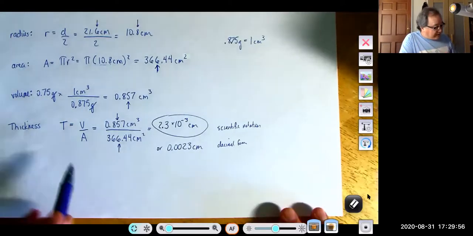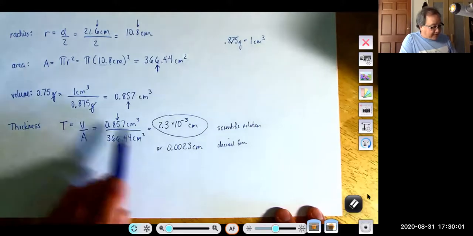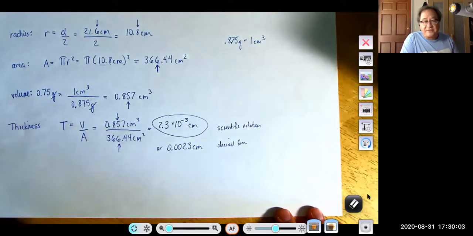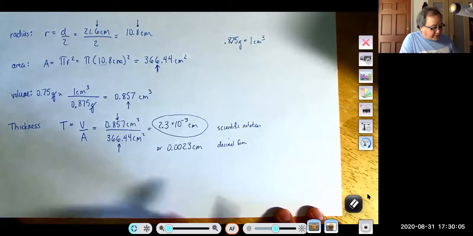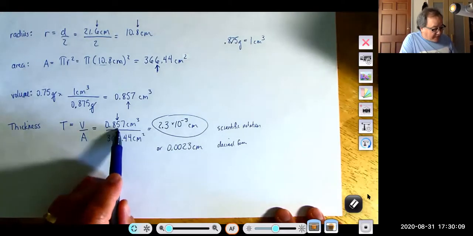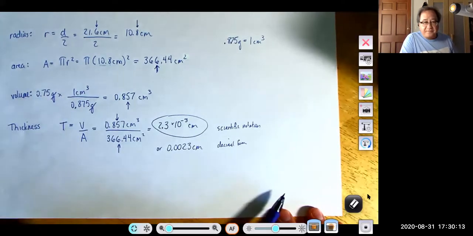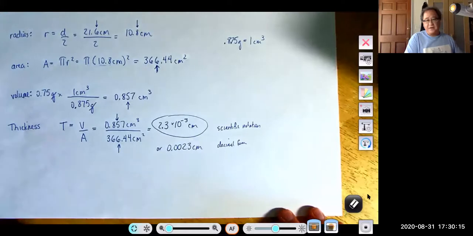Now, to get the thickness, I take the volume divided by the area. I get this, and I get 2.3 times 10 to the minus 3 centimeters, or 0.0023 centimeters. 2 sig figs because of this 0.857, because of this 0.75. Okay, that's how you do it. All right, thanks for listening.